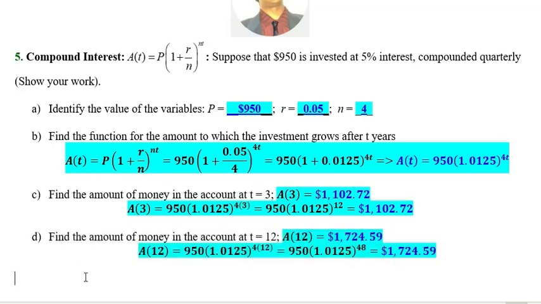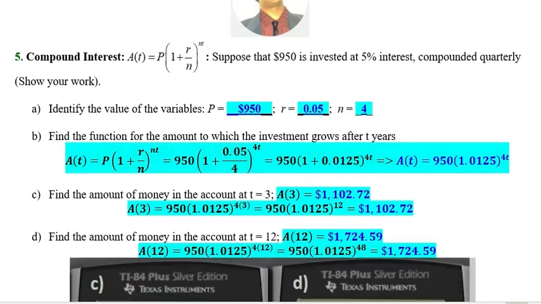Then find the amount of money in the account at t equals 12, that is in 12 years. Then A of 12 is 950 times 1.0125 to the power of 4 times 12, which is 950 times 1.0125 to the power of 48, which is $1,724.59.